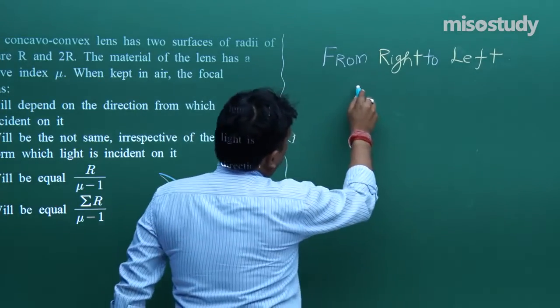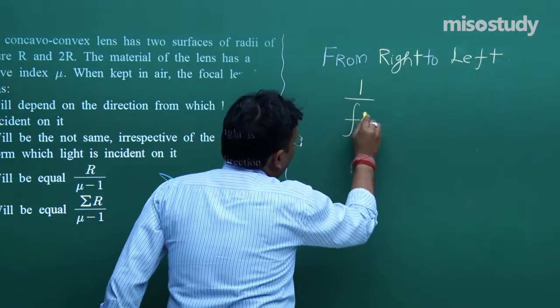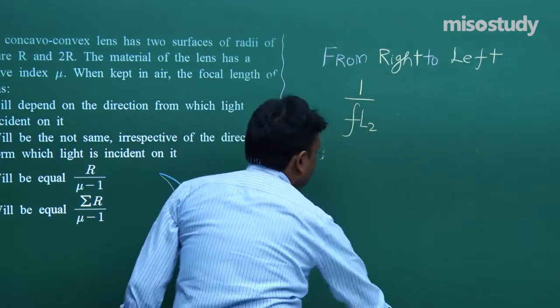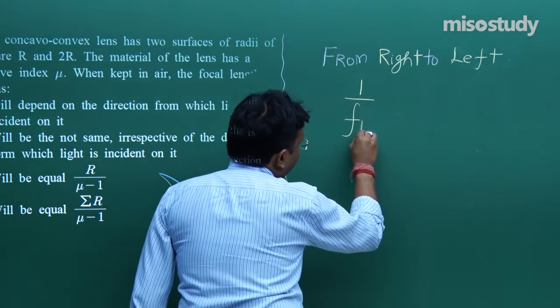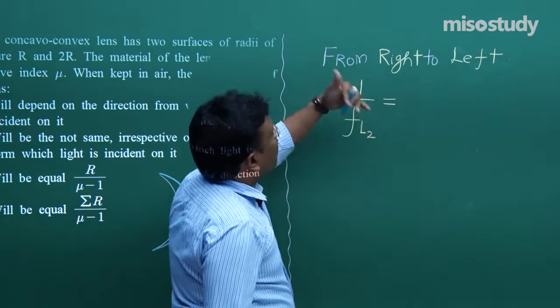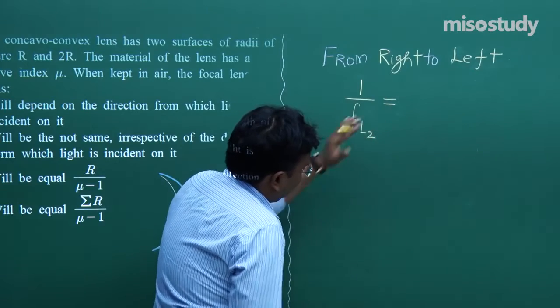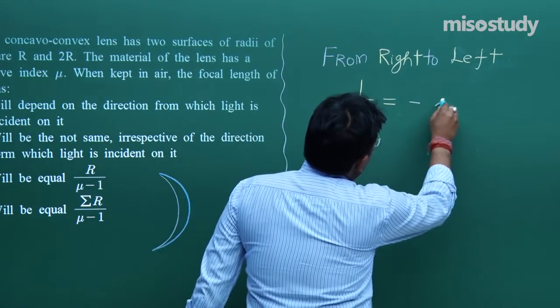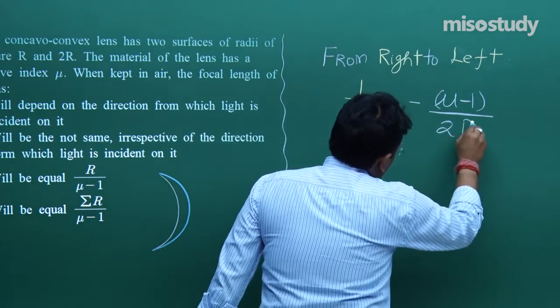Therefore, this time 1 upon FL2, sorry, it should be in suffix, 1 upon FL2 is equal to, ultimately because I explained the formula, so I will use the final result directly, that is minus (mu minus 1) upon 2R.